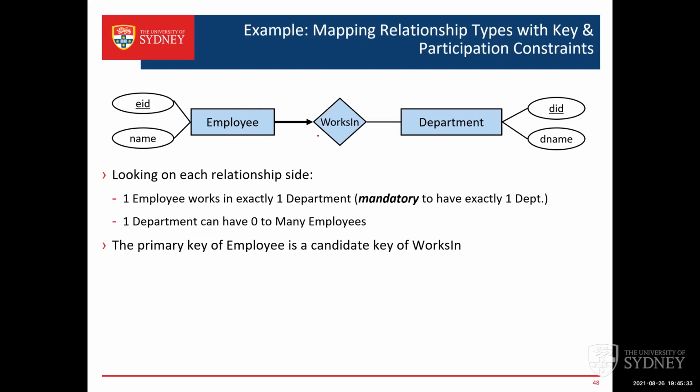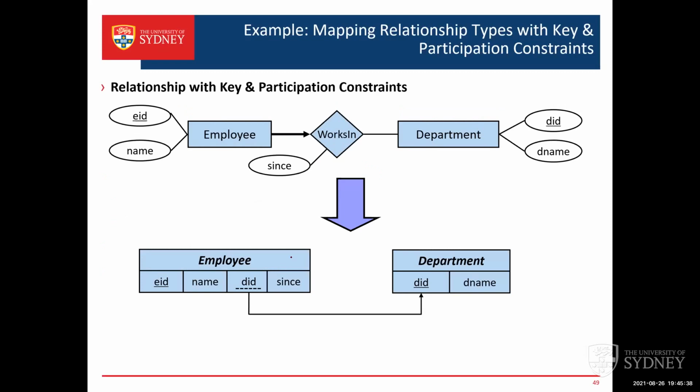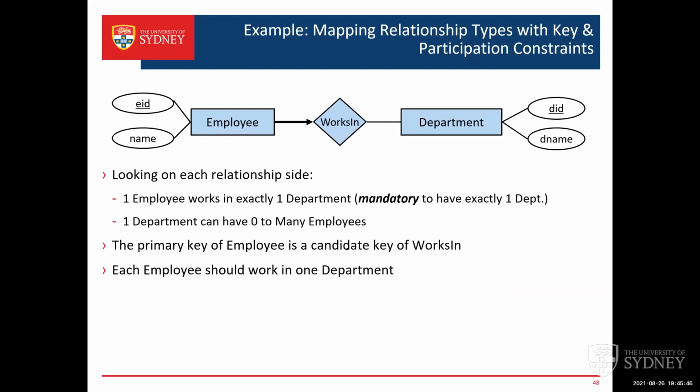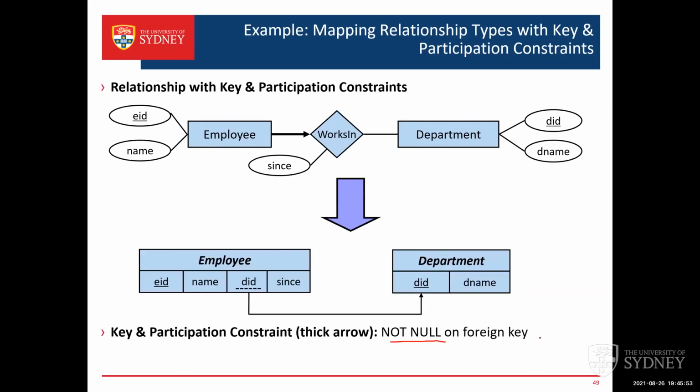So how do we ensure that it would be exactly one? We'll put DID into employee table like we did for at most one. Yes, someone said not null. So when we have that, that it should be exactly one, then we'll simply put a not null on the foreign key. So if we write not null, for that employee there should be a department number there. So exactly one. Not null on the foreign keys.